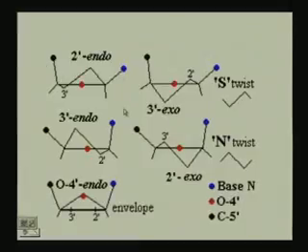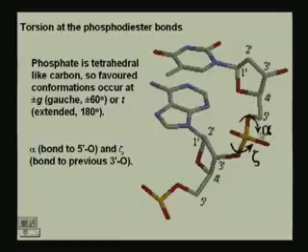But you can also have rotations about these two angles. What is that going to lead to? That is also going to lead to changes in the positioning of the bases. The changing in the positioning of the bases is going to help in the bond formation that we are going to see later on.